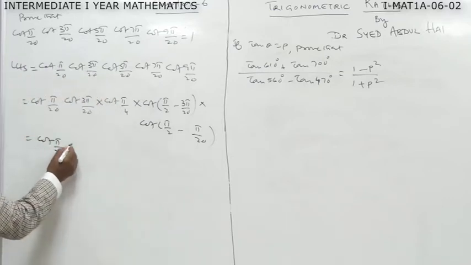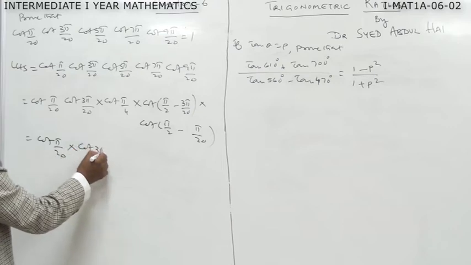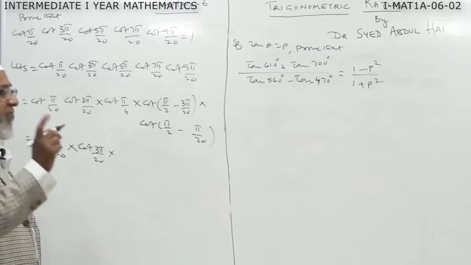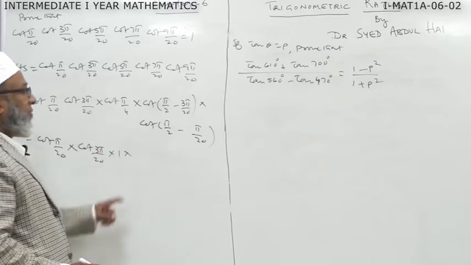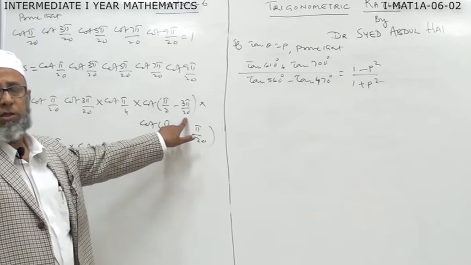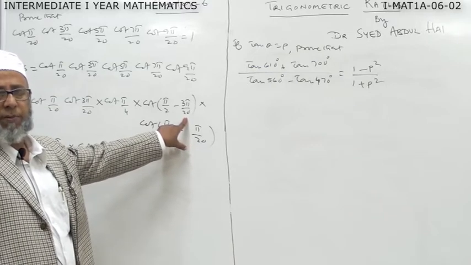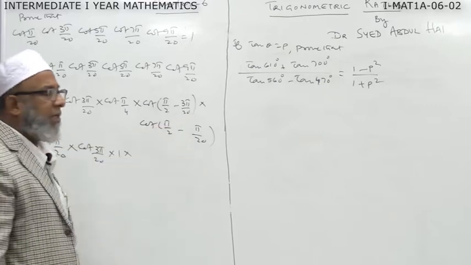The next step is: cot pi by 20 remains as it is, cot 3 pi by 20 remains as it is, pi by 4 is 45 and cot 45 is 1, into the form cot of 90 minus theta. Which quadrant? First quadrant. In the first quadrant cot becomes tan, and it is positive.